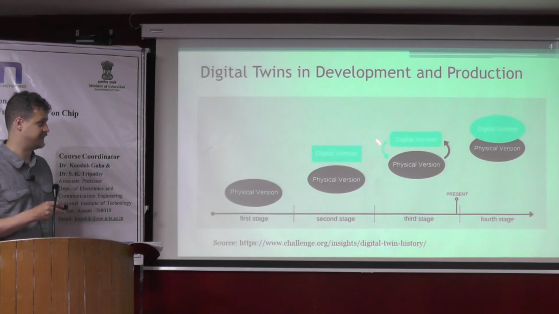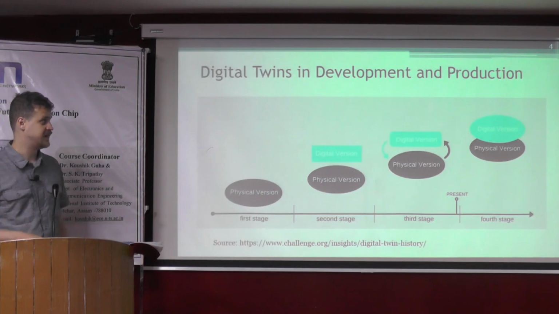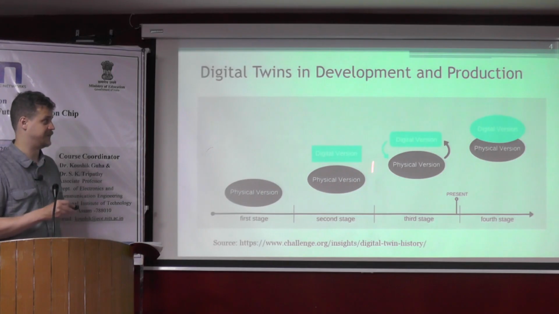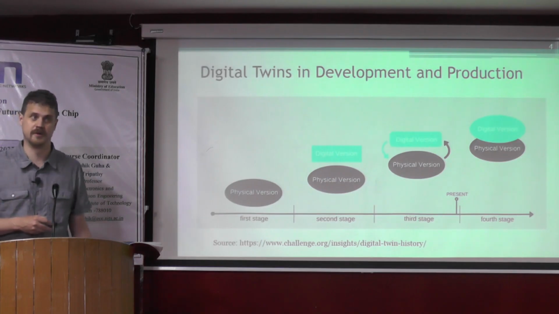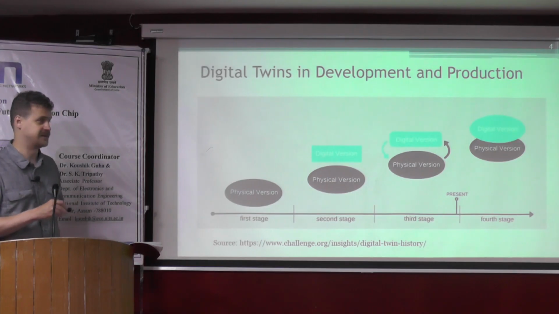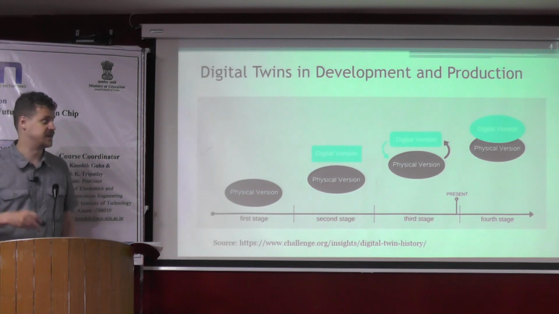Then we have to apply the digital twin technology. As we said, there should be a feedback loop between digital version and physical version. Otherwise, it's nothing more than software or a sort of mathematical model if there is no bidirectional data exchange.